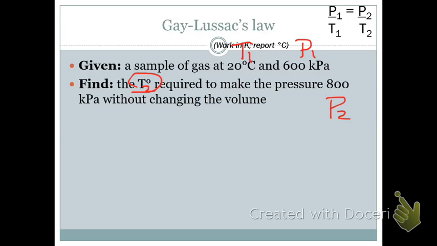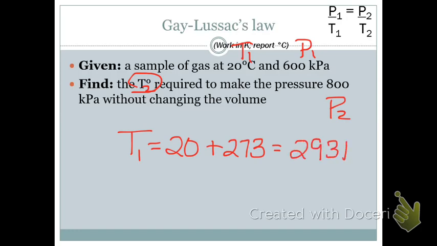But before we can do that, we have to make sure that our temperature is a workable temperature. So if you look at T1, T1 says that we have 20 degrees Celsius. We're going to need to add 273 to get what Kelvin is, which is 293 K.